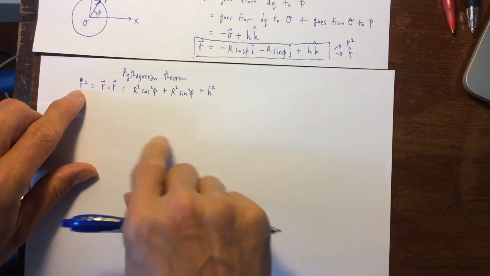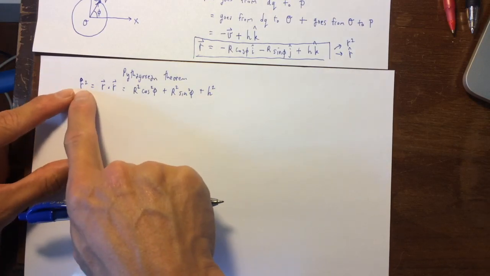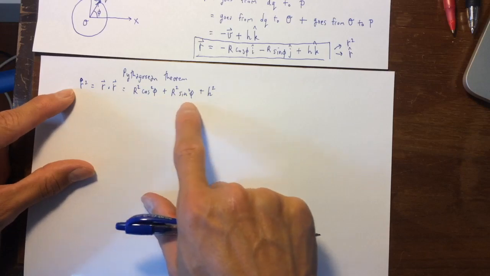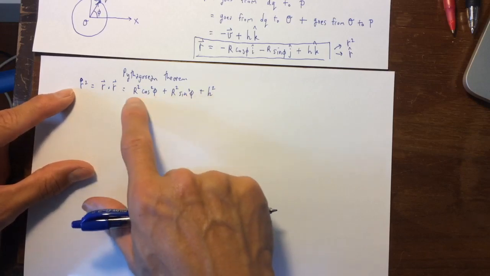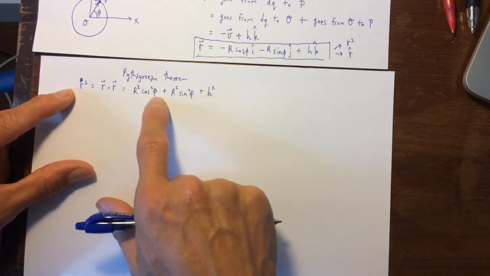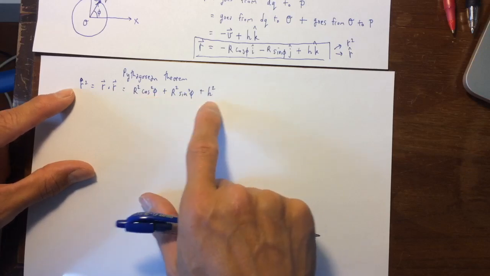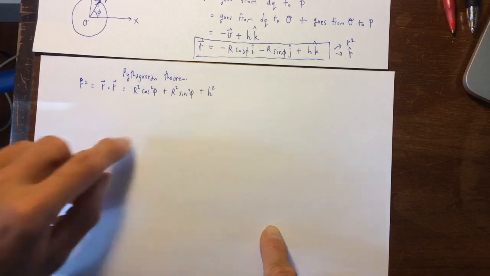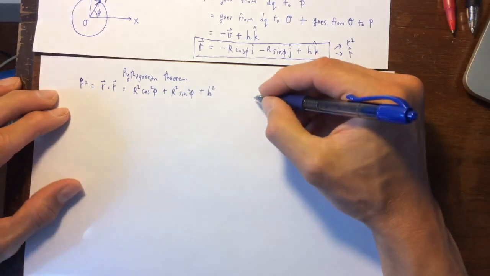And you notice that in this distance squared, which is the result of a dot product, there are no vectors left. It's purely a scalar, right? There's no i hat, j hat, k hat left over. They all dotted away. So that's what's left over.